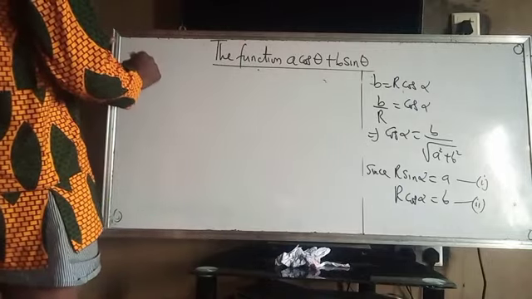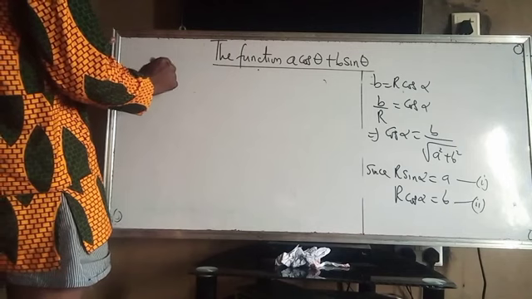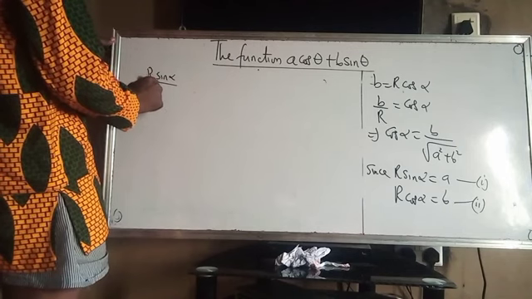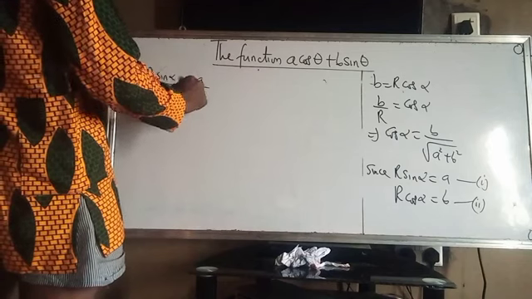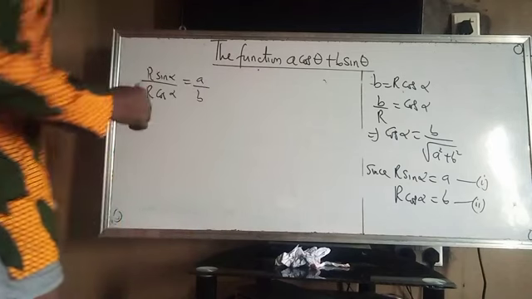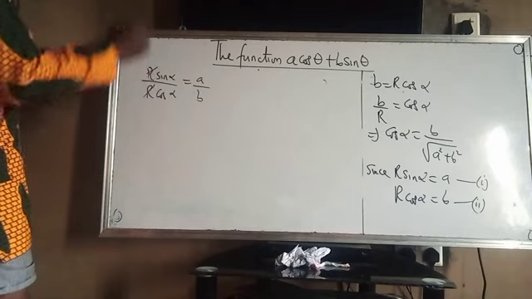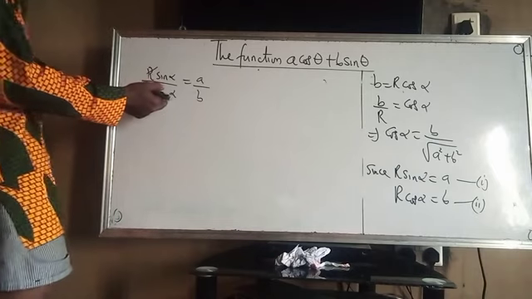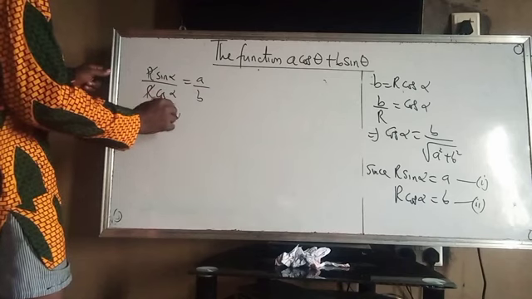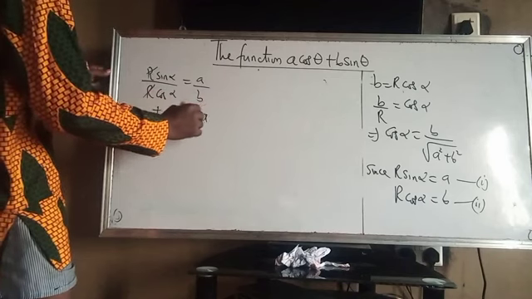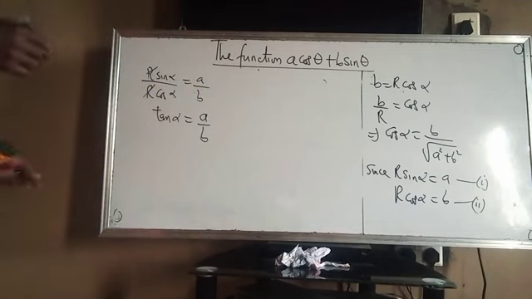We have r sine alpha all over r cos alpha is equal to a all over b. Obviously r will cancel r, and sine alpha over cos alpha is equal to tan alpha, which is a all over b.